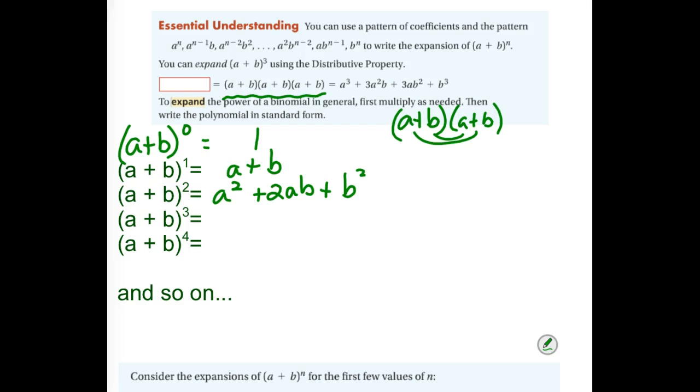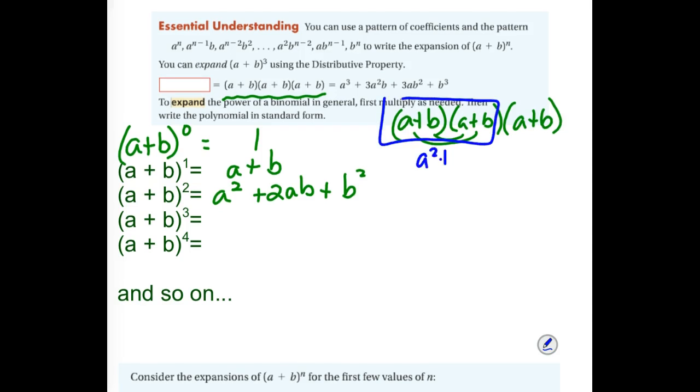If we had to do this by hand, could we take the answer we just came up with for a plus b squared and multiply in a third a plus b? Okay. If we did that, we said this first chunk here gave us a squared plus 2ab plus b squared.